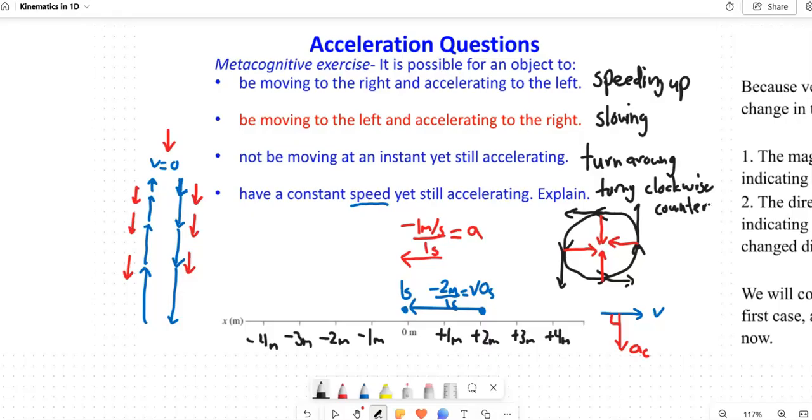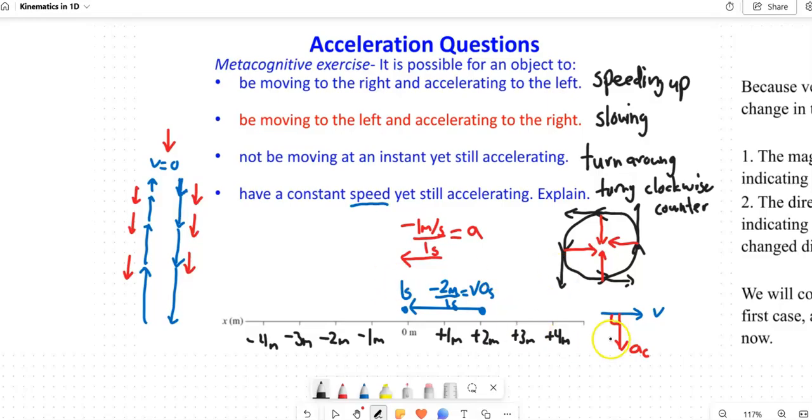So I put these questions up here just to let us all think about things and really think about what acceleration really is. Acceleration is a velocity vector that is being added to an initial velocity vector over the period of time of 1 second. So it's kind of like an additional velocity vector, right?